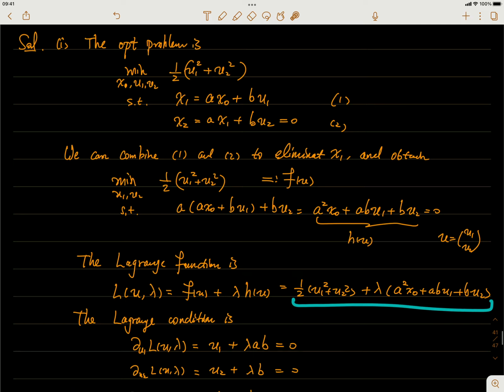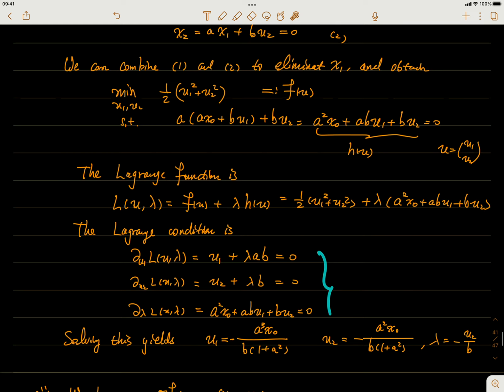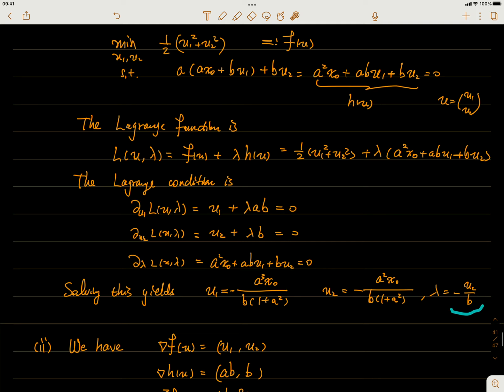We get that, and then the Lagrange condition is just the gradient of the Lagrange function with respect to all the variables and the multipliers equal to zero. We try to solve for u1, u2, and lambda from here. So now you have 3 variables with 3 equations, and it's possible to do that. So we get the solutions, and lambda is equal to this one. That's the first part of the question.